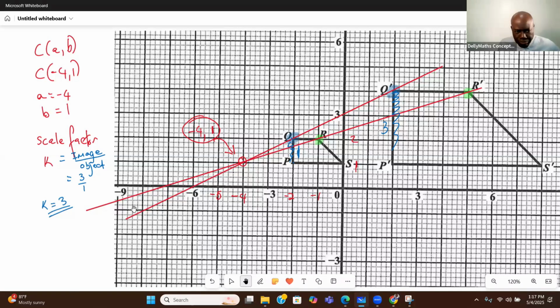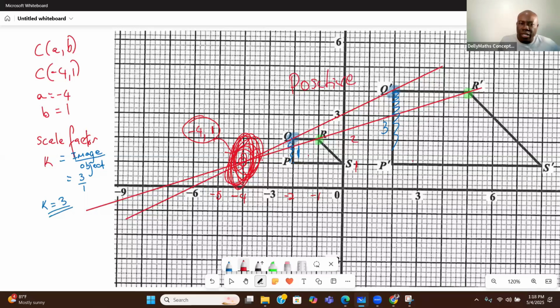We don't know where it's going to be, but I'll say this to you, to help you think like this. So this is the center. If you realize that the image and the object are on the same side, your scale factor is positive.